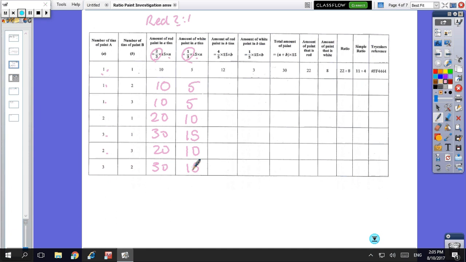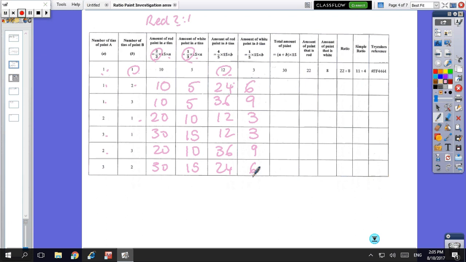With tins of B, 1 equals 12, so 2 equals 24, then 36, then back to 1, stays at 1, back to 3, then to 2. Then these two numbers have to add to 30 in the first case, and then these numbers have to add to 45, then back to 15, back to 15, back to 45, and back to 30.